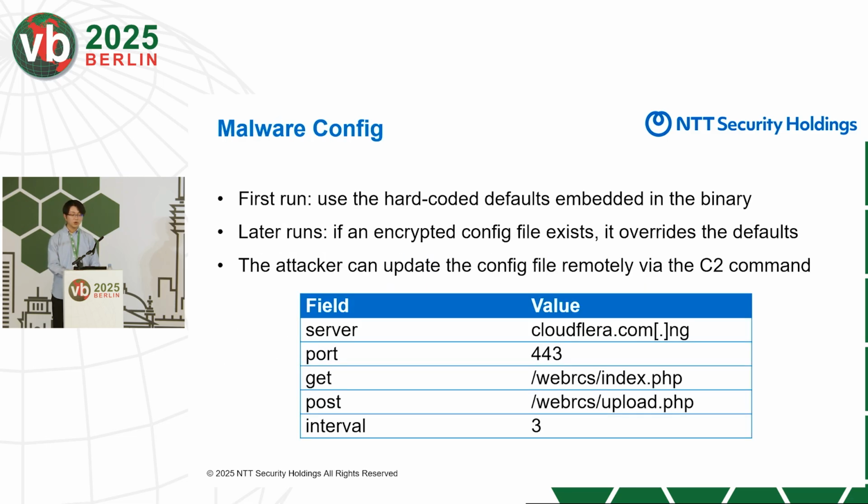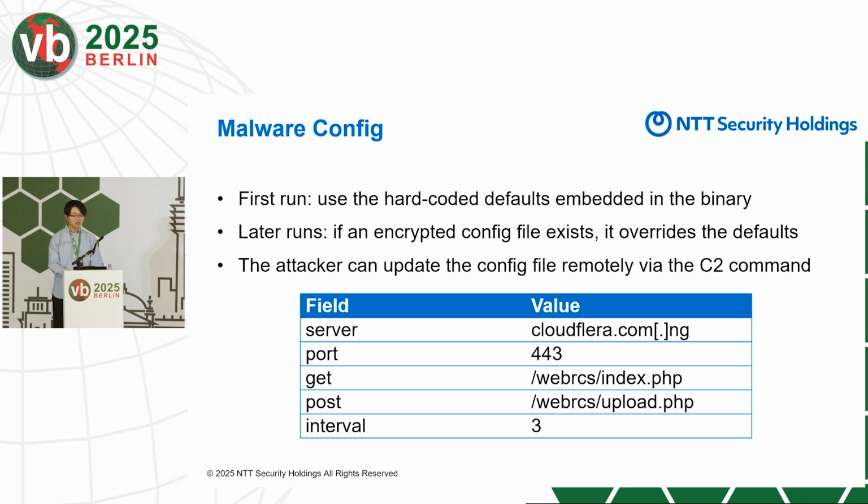ECHidna keeps every parameter it needs for SIDS communication in its malware config: the SIDS domain, port, HTTP path, and the polling interval. On the first run, ECHidna uses the hard-coded defaults inside the DLL.